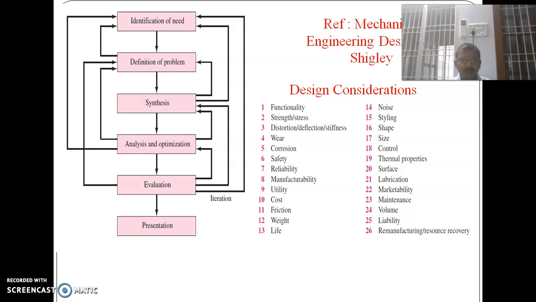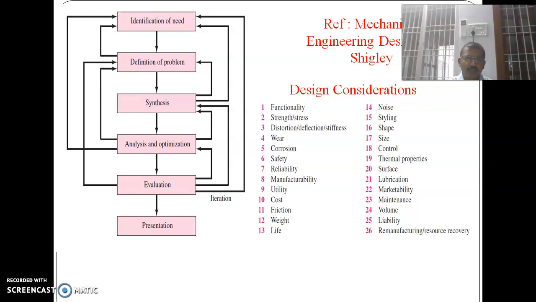And finally it has to be presented in the form of drawings, machine drawings or building drawings or anything. That is the presentation part. So these are all different iterations.